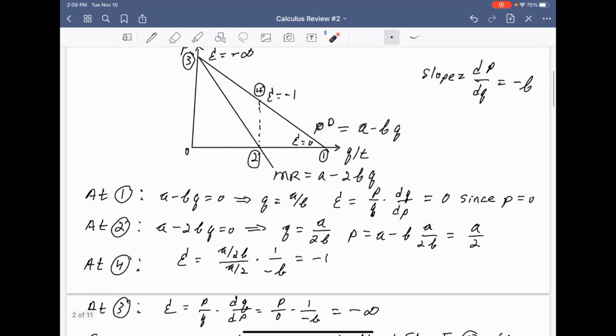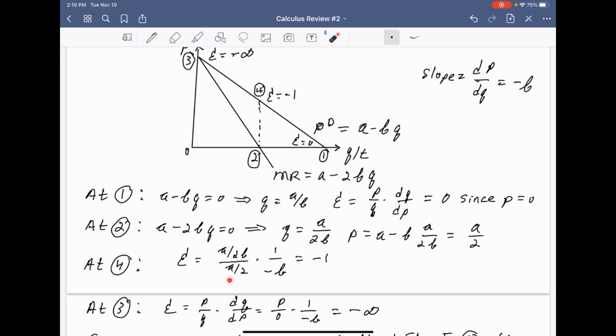So let's look first at point 2. And we have that the elasticity is P over Q times 1 over the slope. The slope here is minus B. Remember this expression was dQ over dP, and we want dP over dQ, which is this.